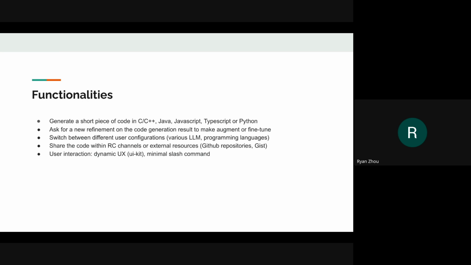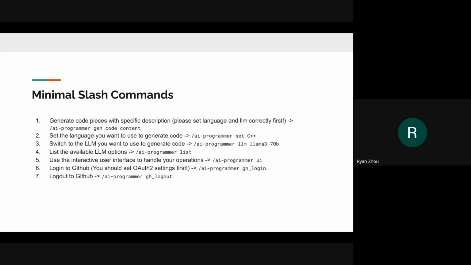And for better interaction and friendly usage for the user, we also allow the dynamic UX by using the Rocket.Chat UI Kit, and we will support a minimal slash command. To use the slash command, users have 7 options. It can generate code pieces using this gen command, and select or switch to an LLM, where these are the available LLM options.